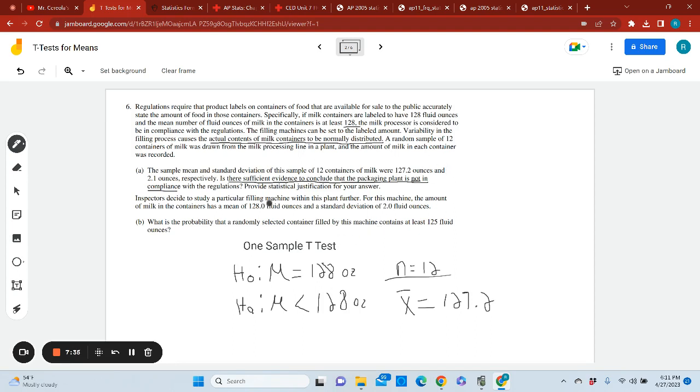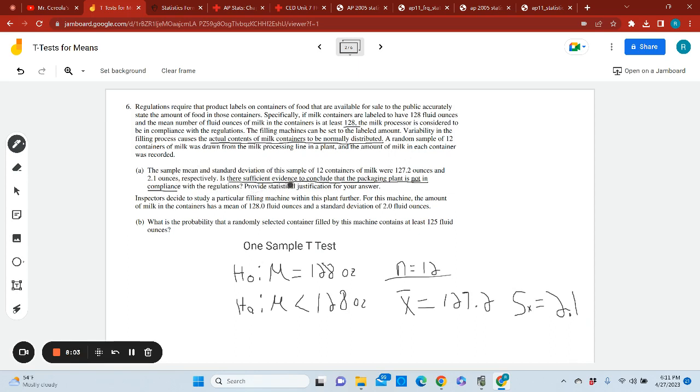All right. Another important piece of information that they gave us was the standard deviation for the sample. So I'm going to label that as SX, and they told us that that was 2.1. That's going to come in handy later. And what level do they want us to run this test at? Okay, I don't think they tell us.